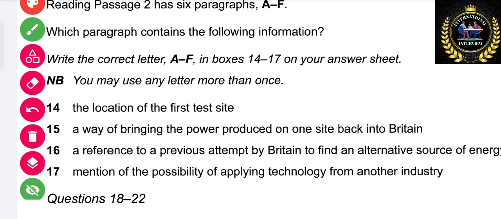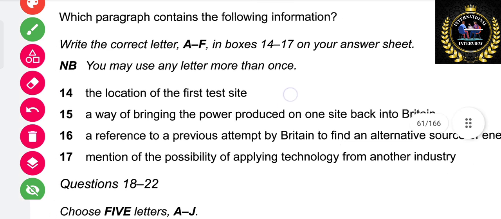Now question number 17: mention of the possibility of applying technology from another industry. It is quite similar, so we will get this answer very close to question number 14, because that one is about the location of the first site, and this one is about applying technology from another industry. So let's read the paragraph and we'll get the answer.